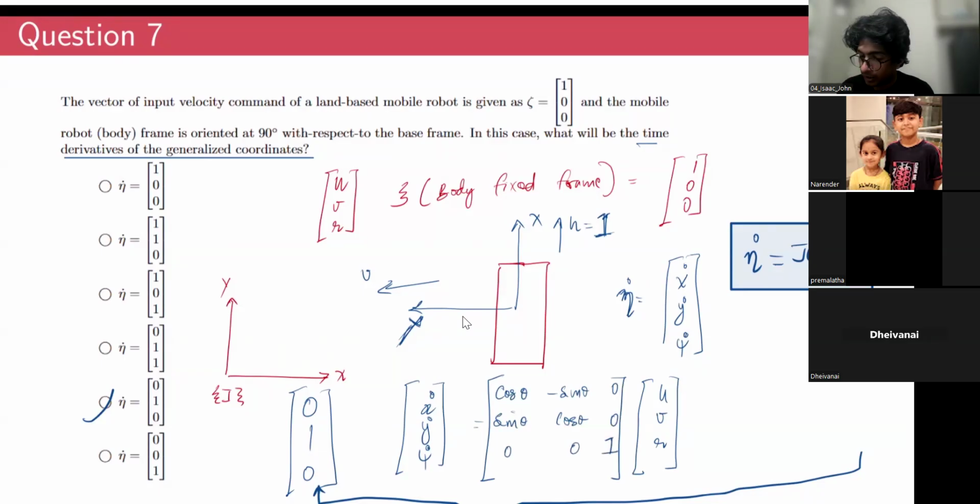Where this vector we call eta dot, and this matrix we call J of theta. This vector is nothing but the vector of velocities in the body fixed frame of reference. We call it zeta.